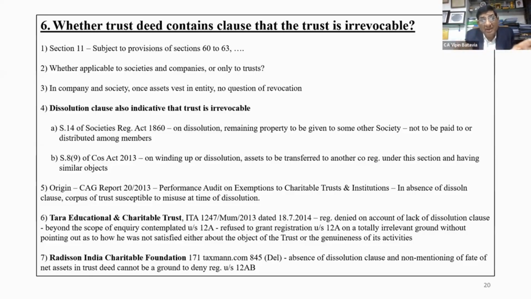So in that case, there is no direct mention of irrevocability. And in the Indian Trusts Act, Section 78 very clearly says that only the settlor has the power to revoke the trust. But generally, the provisions of the Indian Trusts Act are mainly for private trusts.